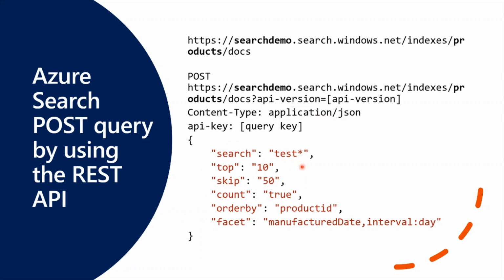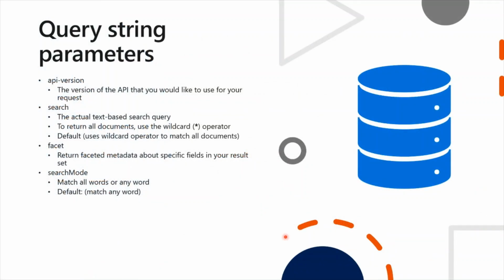So search test, top 10, skip 10, count true, skip 50, order by product ID, and facet. So you just send your query like this, and your response will be filtered. It will be filtered with test top 10 with skipping 50. You see this thing. So, query string parameters.